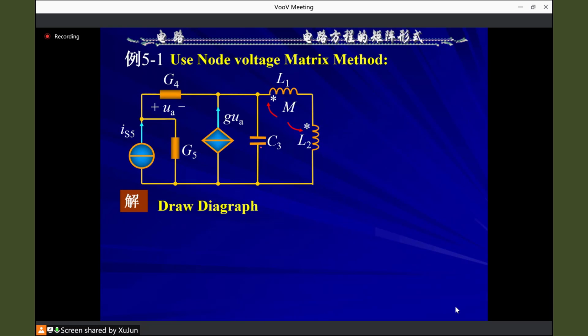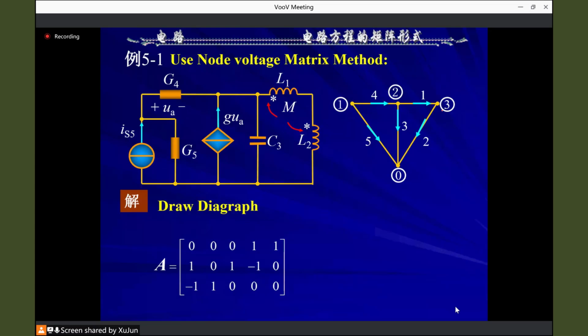For the second question, there is mutual inductance between branch 1 and branch 2. Draw diagram at first, and write the A matrix. And IS is 0. Only branch 5 has current source.